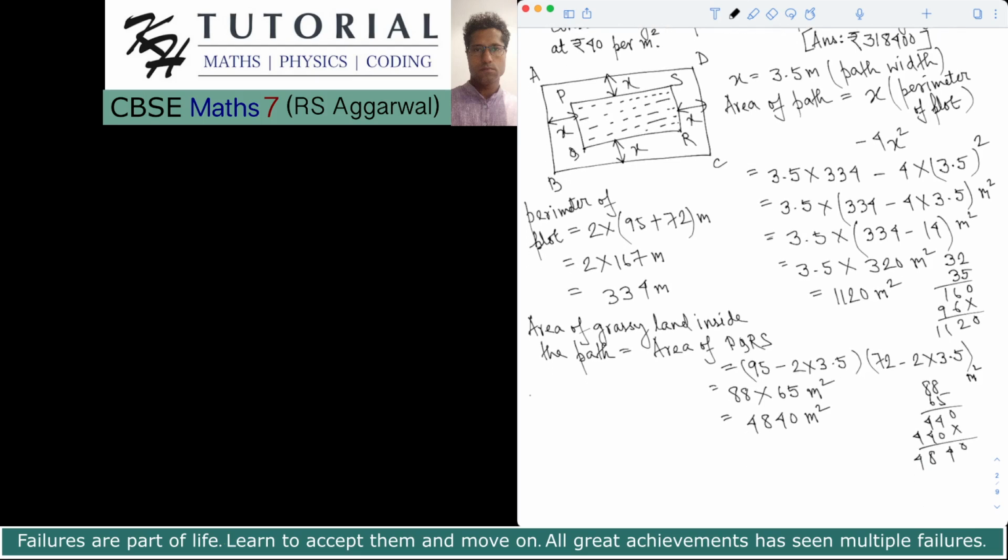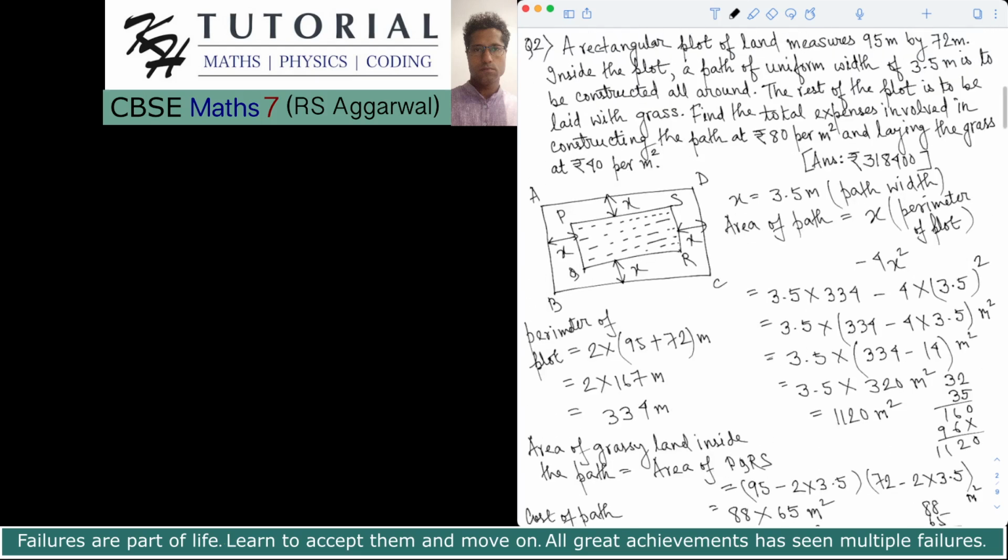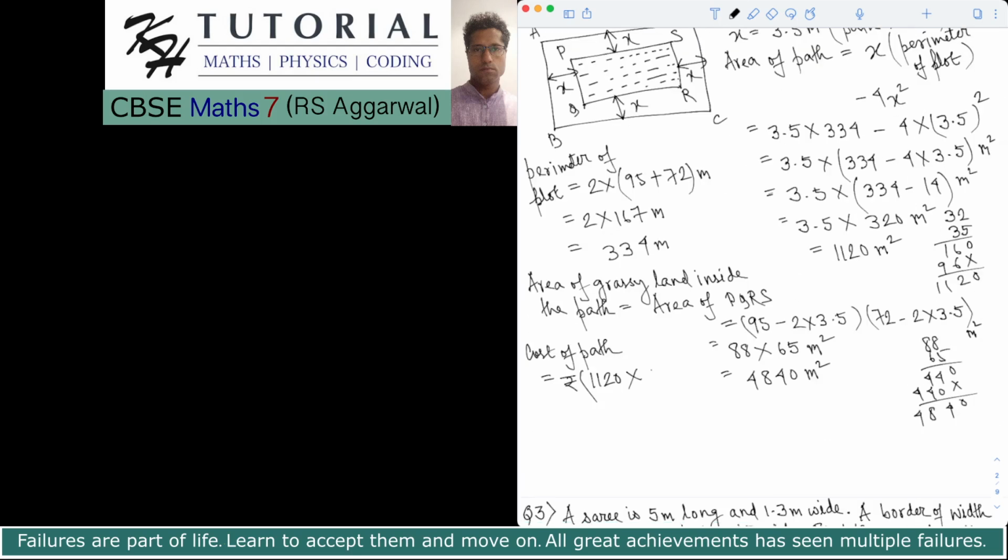The cost of the path will be the area of the path, 1120, multiplied by the rate of making the path, which is rupees 80 per meter square. This is equal to rupees 89600.